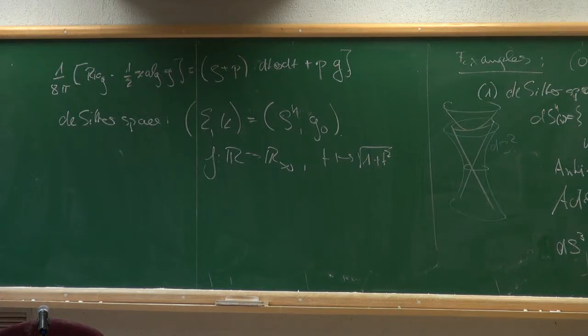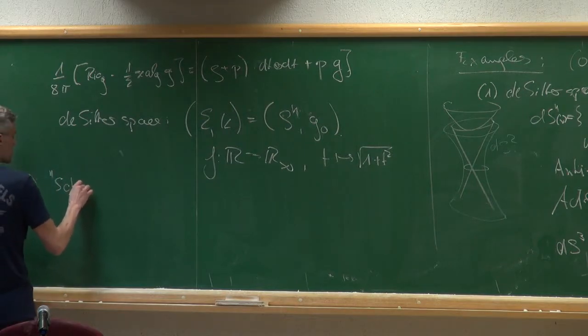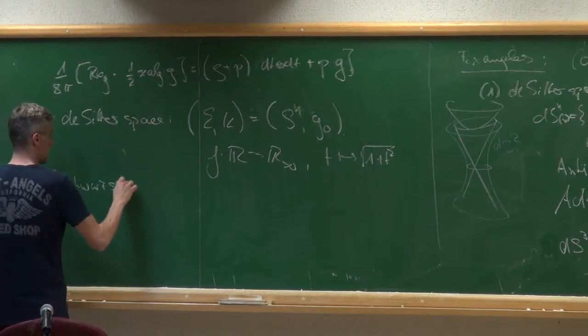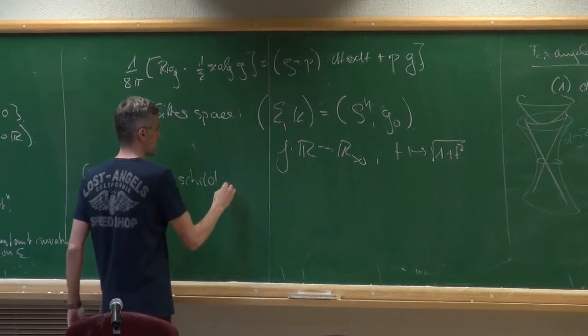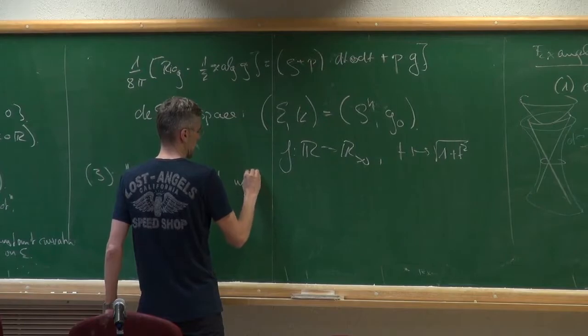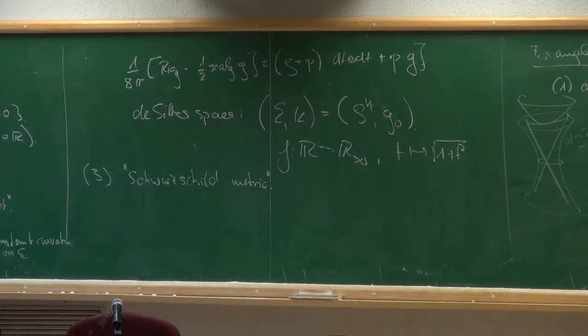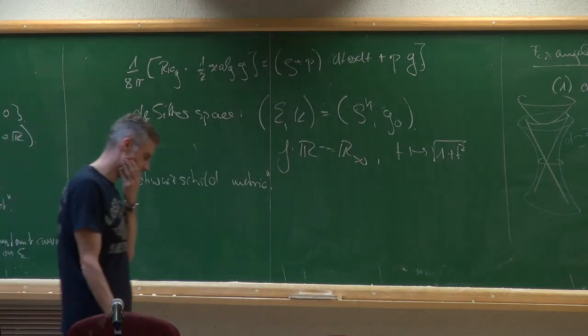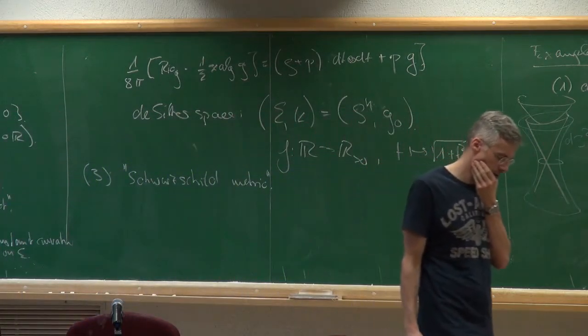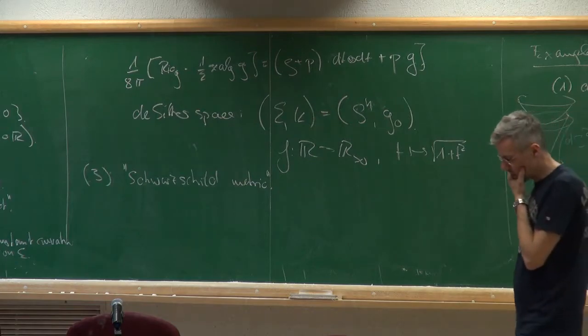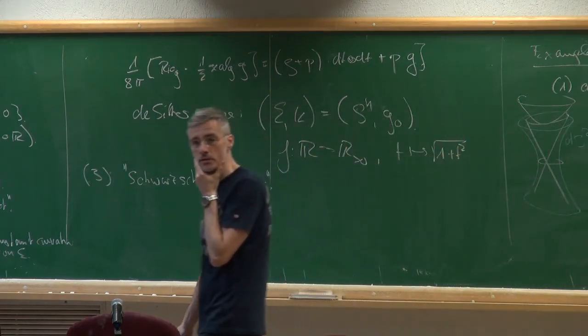So for the big picture, if you want to go a bit into details, or a bit closer to certain particular objects, then the first non-trivial solution to Einstein's equation of vacuum is the so-called Schwarzschild metric, which just models a non-rotating resting point mass in space.